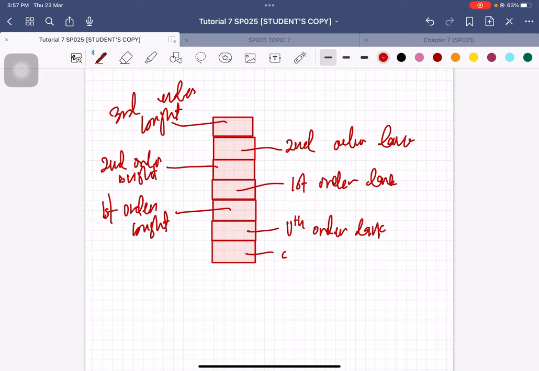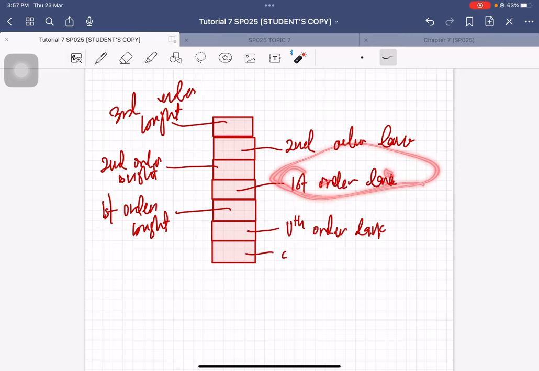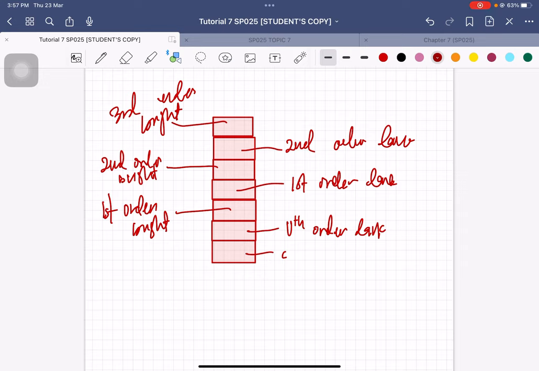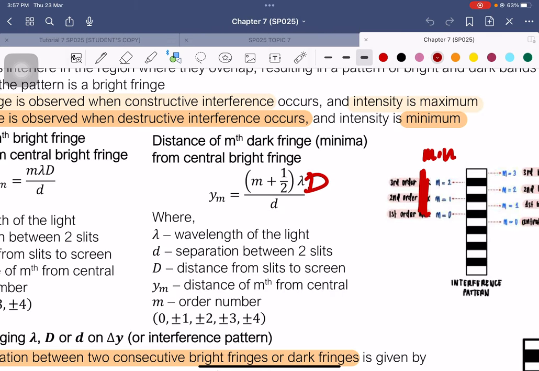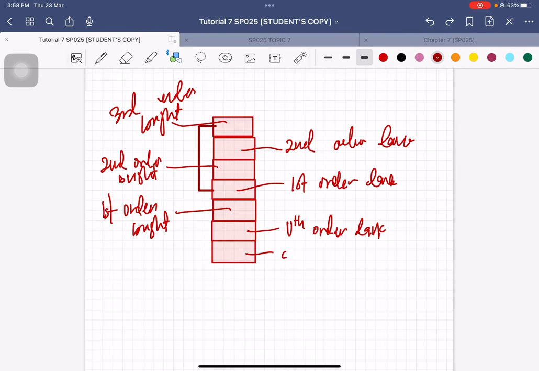So they asked for the third order max, which is bright, and the first order minimum, which is dark. So they want the separation between this and this one here. So how do we find this distance? Okay, so how do we find this distance for this situation?